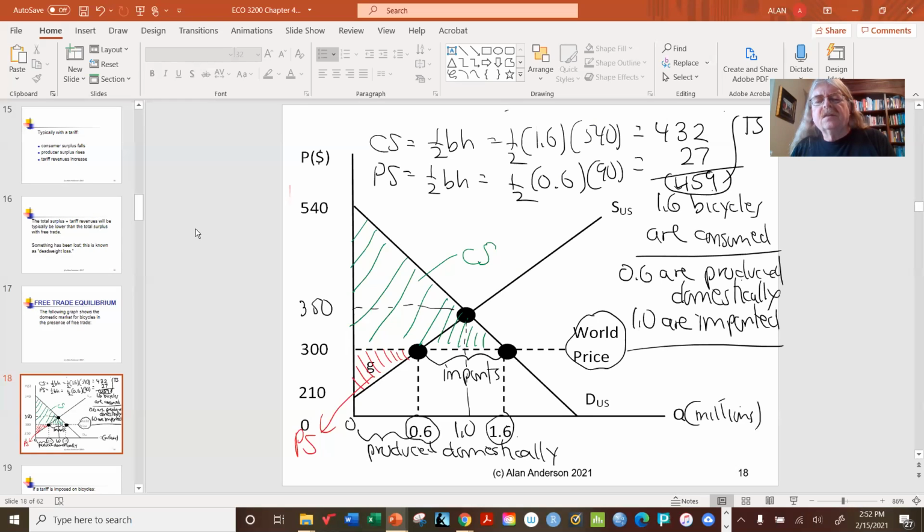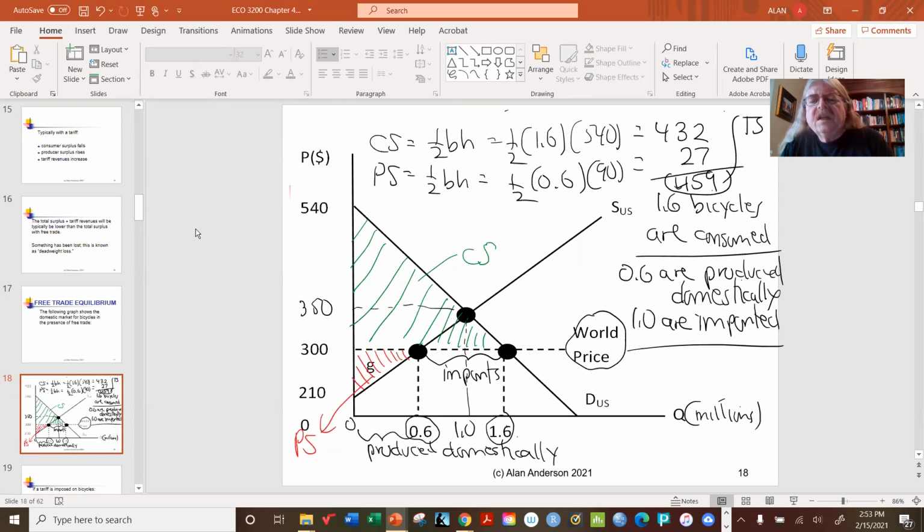This is the intersection of the world price with the domestic demand curve. But since only 0.6 million are being produced in the United States, where are the rest of them coming from? Imports, we're buying them from abroad. We're buying 1 million foreign bicycles. 0.6 million are coming from home, and the other 1 million are coming from abroad.